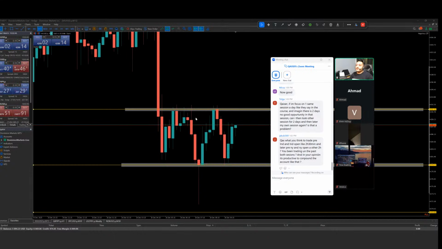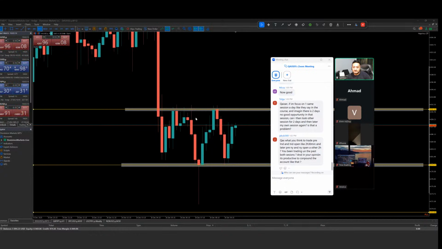And it's very important for prop firm accounts that your first trade should be in profit. That will give you the confidence to build it up. If you go into drawdown with your first trade, it will put some kind of psychological pressure on your mind, and you will try to force yourself to recover that loss first.